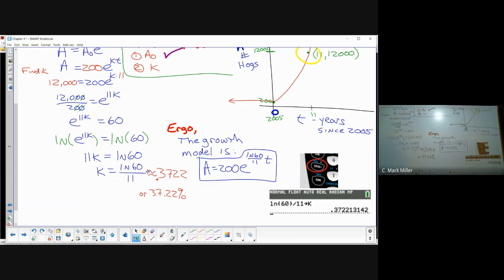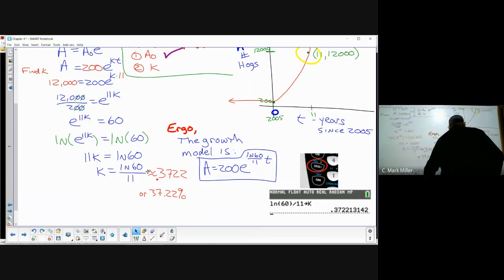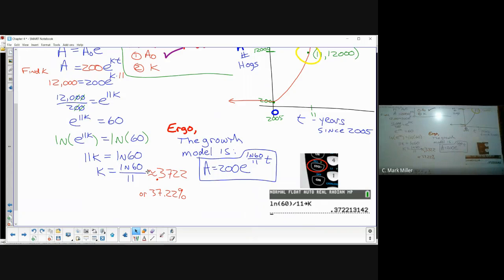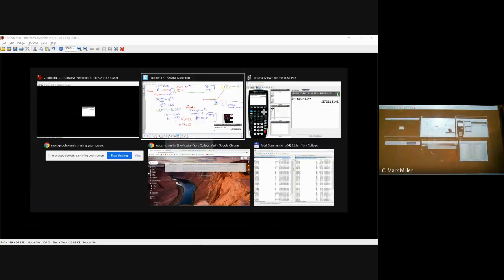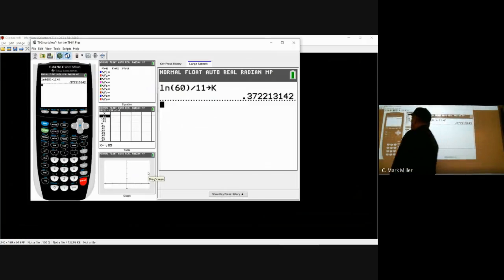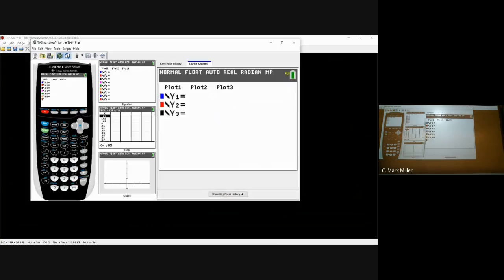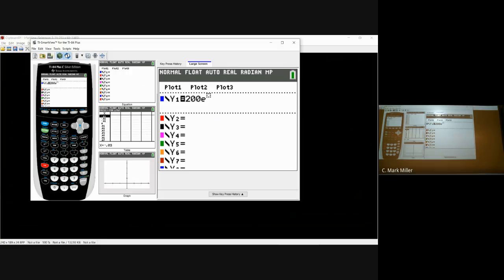Now, we want to put this function into our calculator. Go back to your calculator, up here to your function menu, and we're going to put this in: 200, then E. Never put 2.72 for E. Use your exponential function. That is second e to the x.